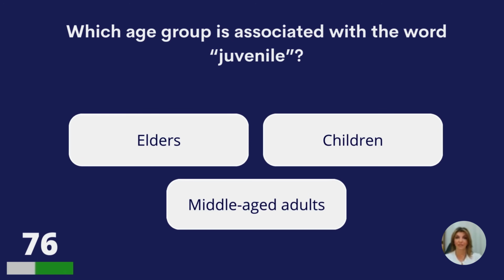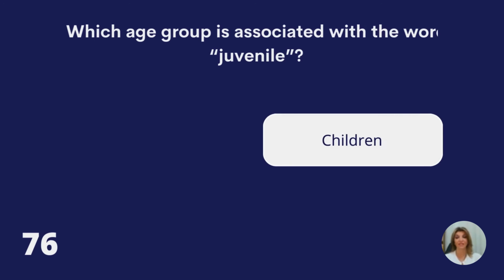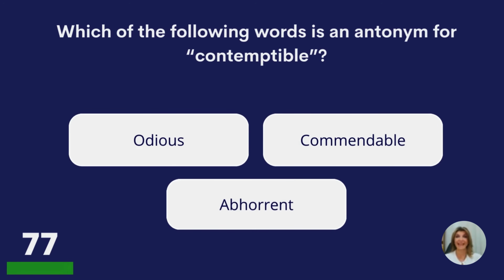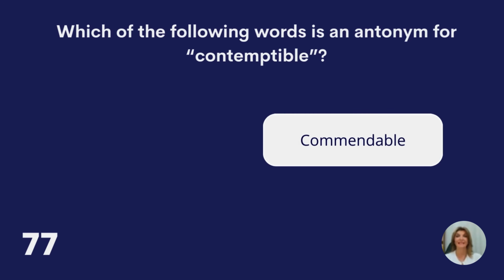Elders, children, or middle-aged adults? Children. Which of the following words is an antonym for contemptible? Odious, commendable, or abhorrent? Commendable.